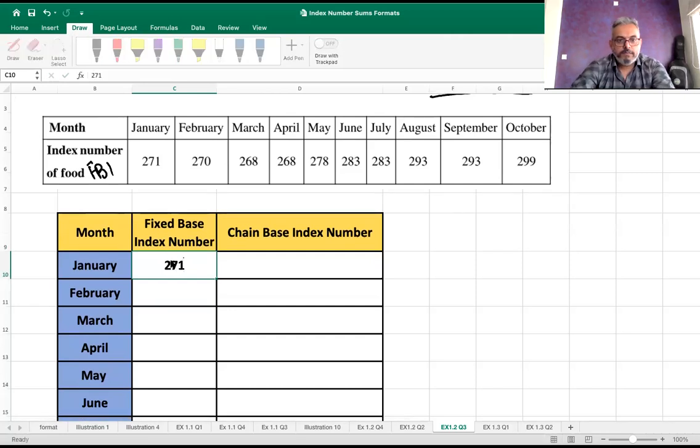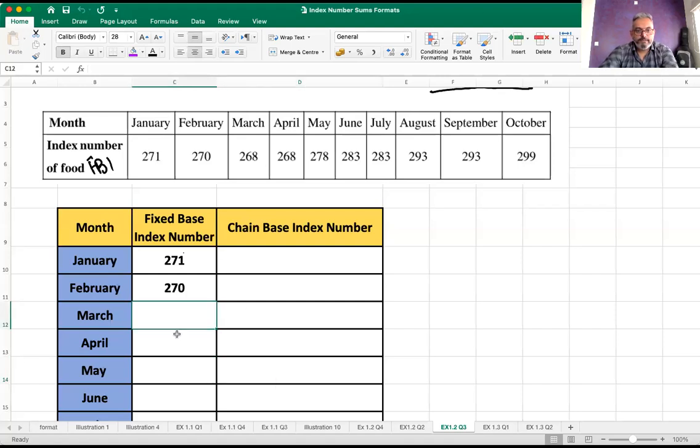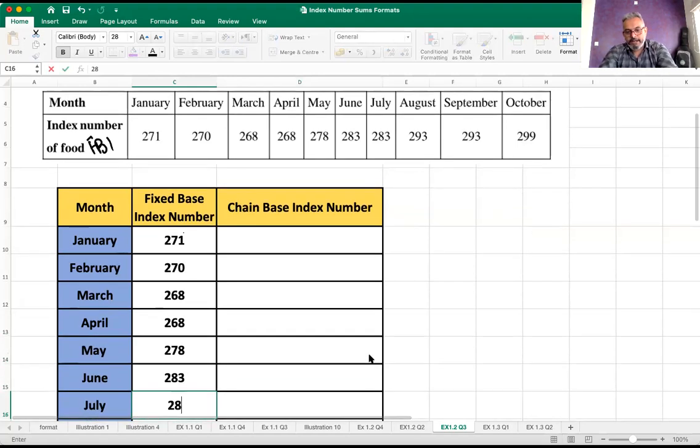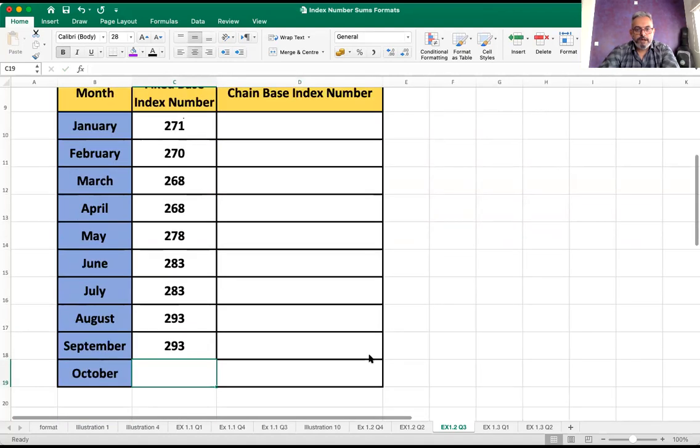January 271, February 270, then 268, and again 268, then 278, then 283, then 283, then 293, then 293, and then 299.